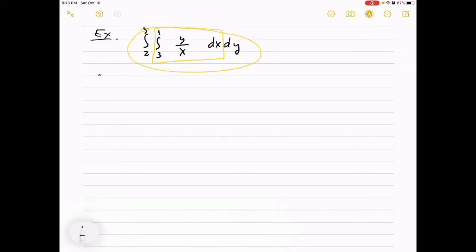So we copy the integral 2 to 5 dy, and inside we integrate with respect to x, treating y as a constant, and we get y times ln of x, where x is changing from 3 to 1.